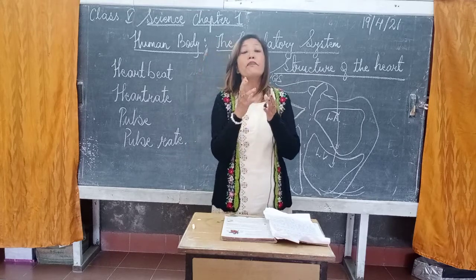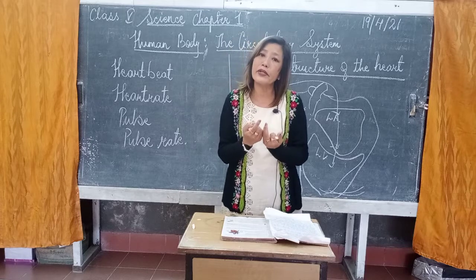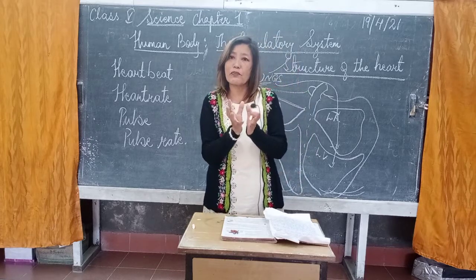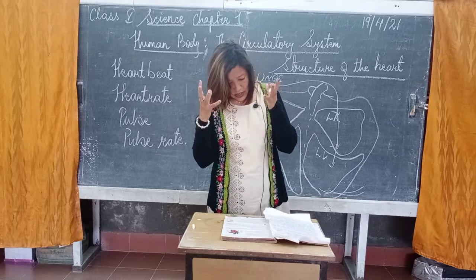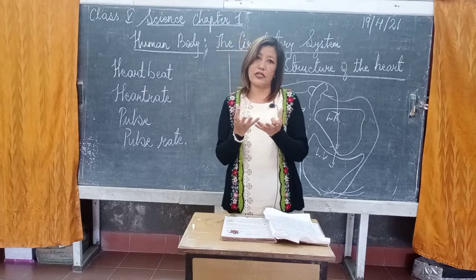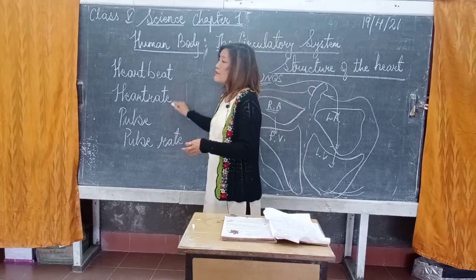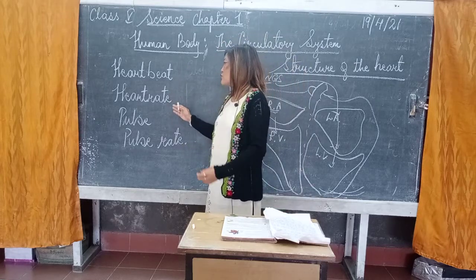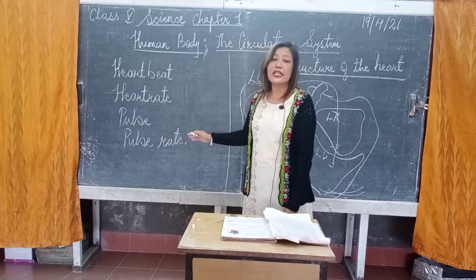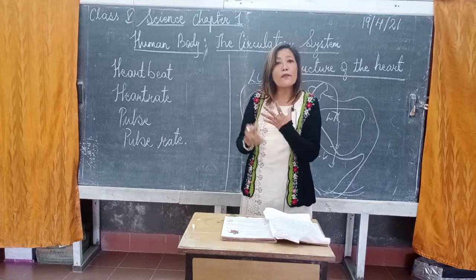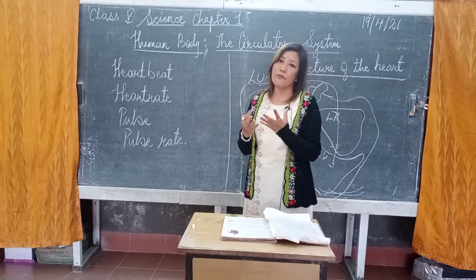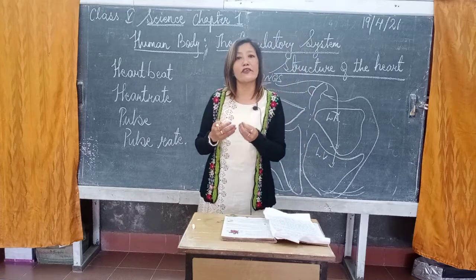The number of pulse beats in 1 minute is called the pulse rate, which is the number of times that the heart beats per minute. So these are the different terms: heartbeat, heart rate, pulse and pulse rate, which are all related to the number of times that our heart beats in 1 minute, and that is 72 times.